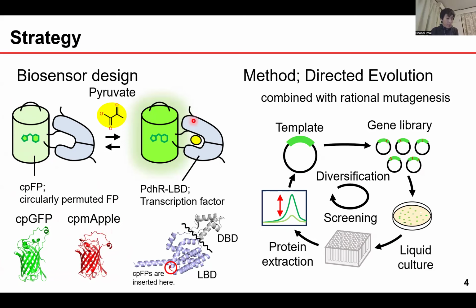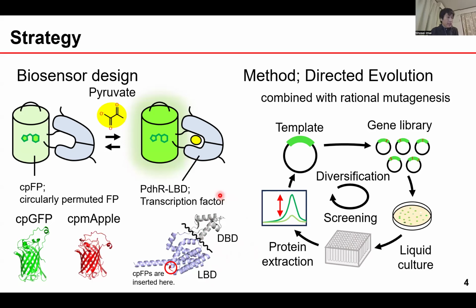And for the binding domain part, we use PdhR, which is a transcription factor that selectively binds to pyruvate. It is derived from a transcription factor and contains a DNA binding domain and a ligand binding domain, and we removed its DNA binding domain beforehand to avoid any possible interference with the endogenous system.